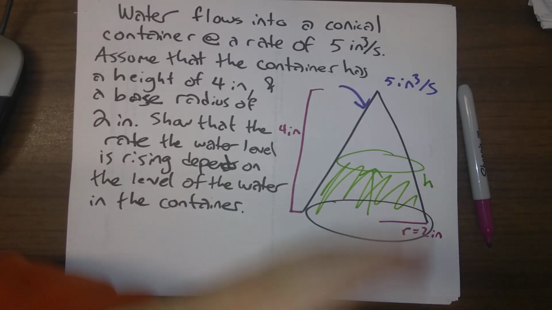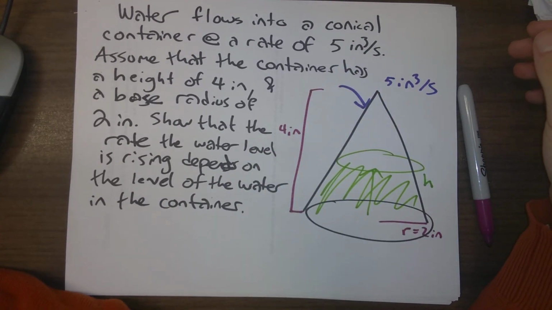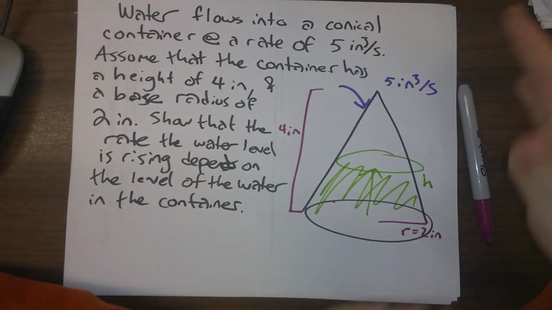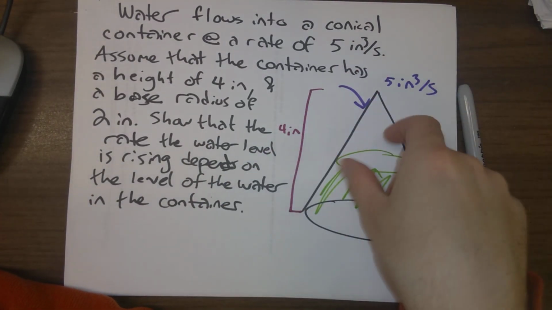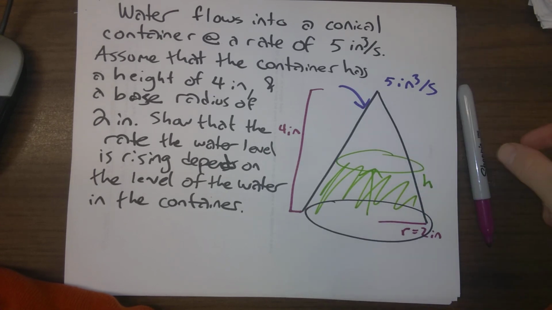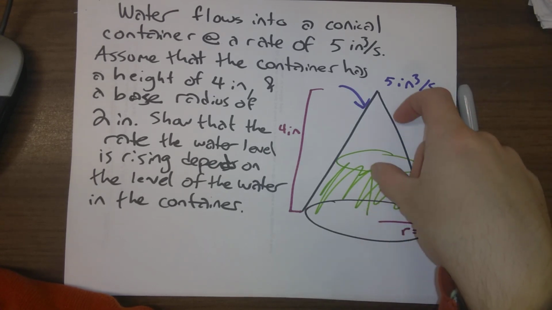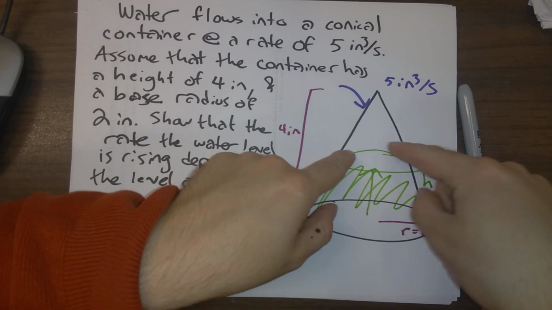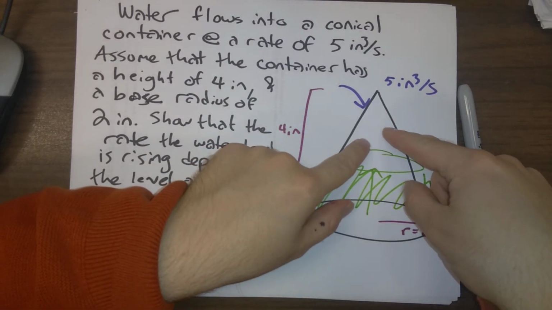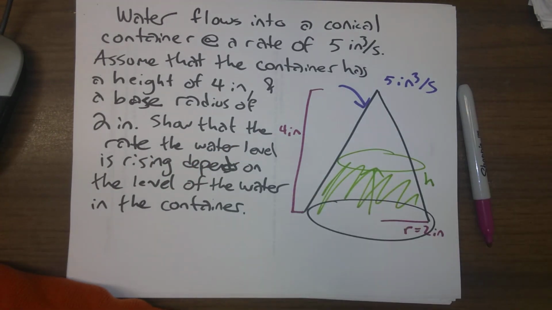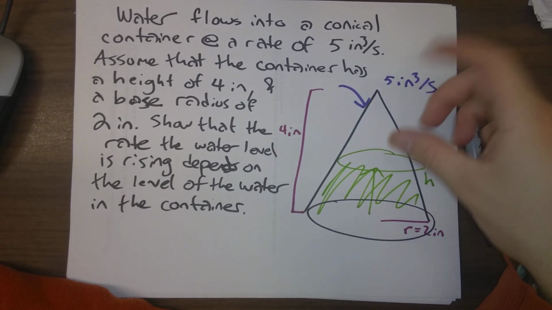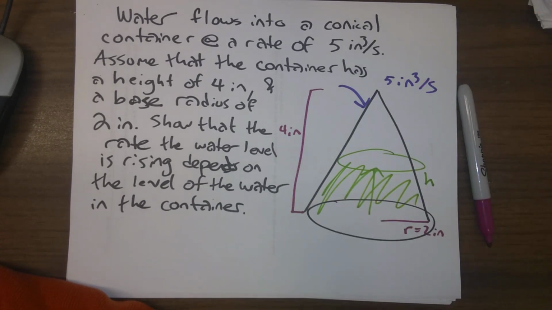The most important difference is that our cone is going to get skinnier as we go towards the top. And so as we pour in more and more water, because it's a skinnier container, it will take less to increase the height. The height's going to increase more rapidly as we go on.